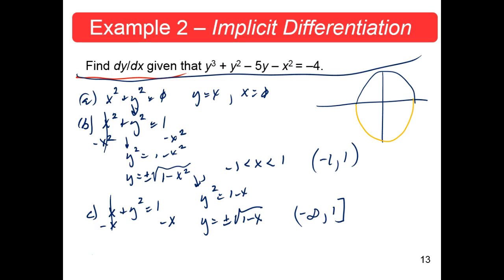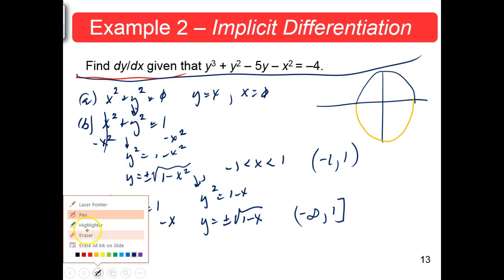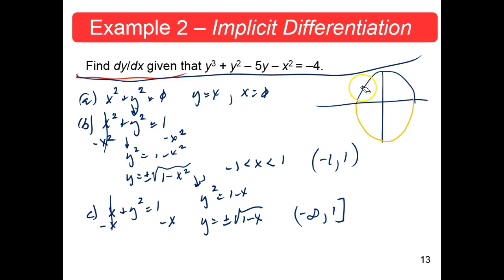You know what this one looks like? Let me erase the one above so I can use that same graph. What does the graph of that look like? You told me that 1, 0 was on it, right?